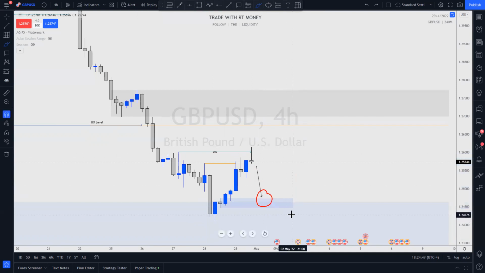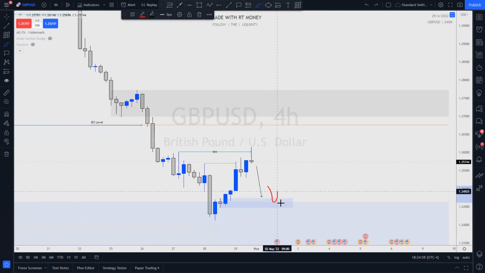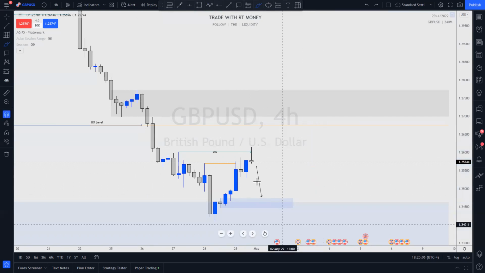I look for the same change of character on the 15-minute, a low, a low, a break of that swing high, and then a return to impulse so we can take it long. I'll be looking for that on the 15-minute and lower here.